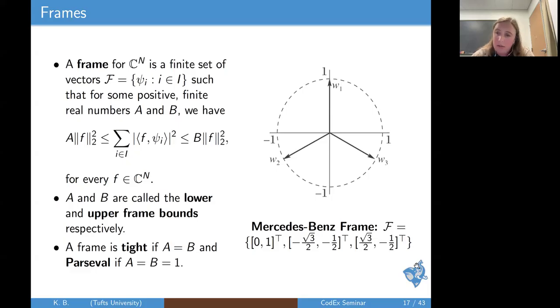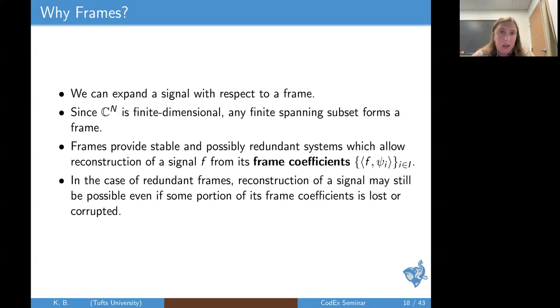So that gives you an idea of frames, some reminders of that. And then why do we want to look at frames? Well, we can expand our signal with respect to a frame instead of an eigenbasis. In particular, since C^n is finite dimensional, any finite spanning subset forms a frame.